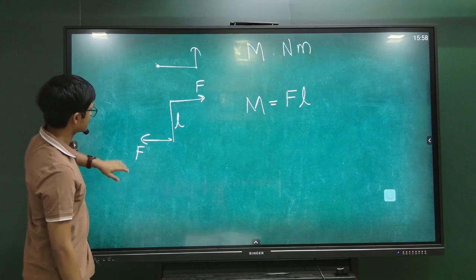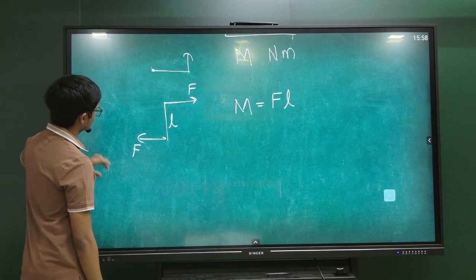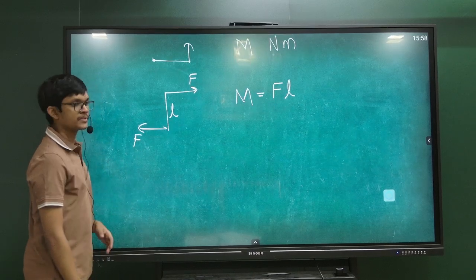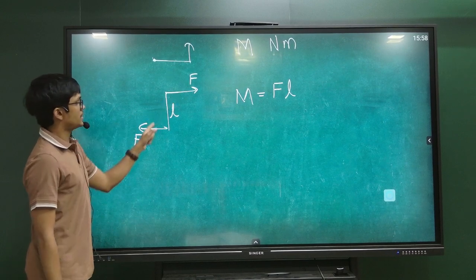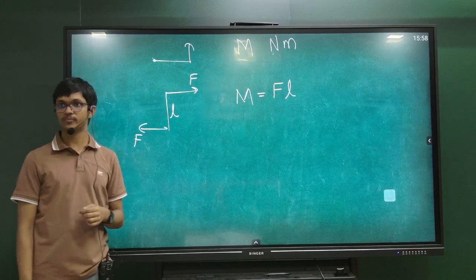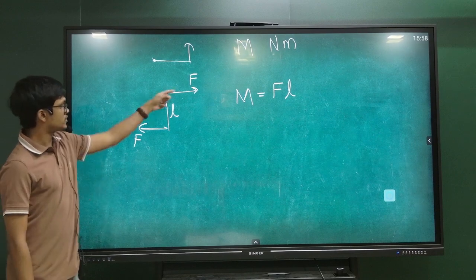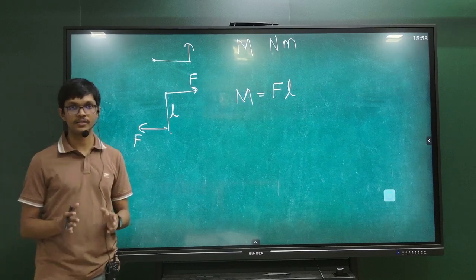Then tell me something, just a question, okay? As you see, these two forces should be equal, and these two forces should be parallel, right? To consider them as a couple of forces.